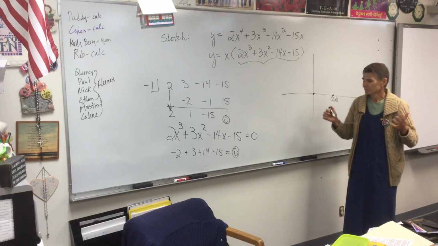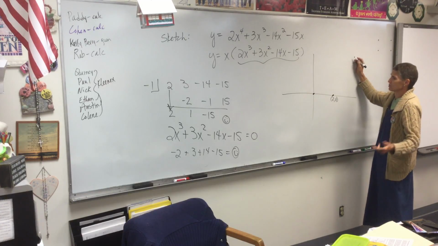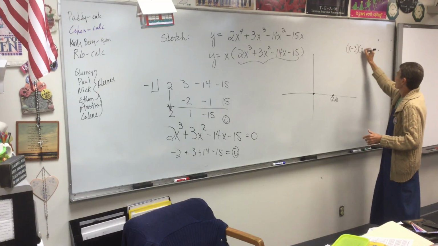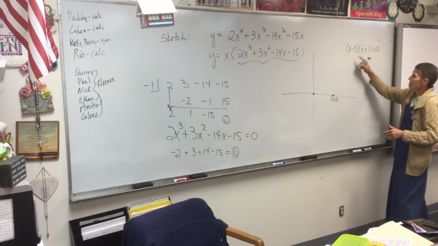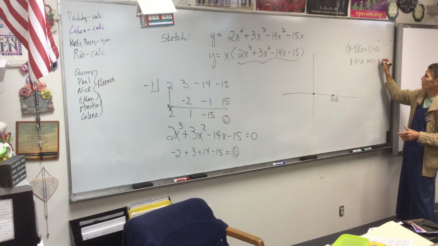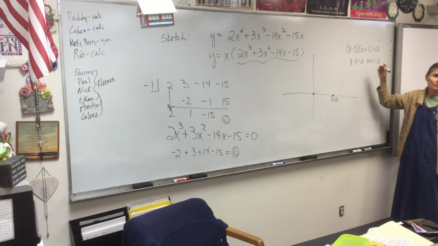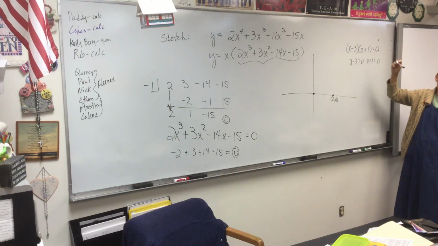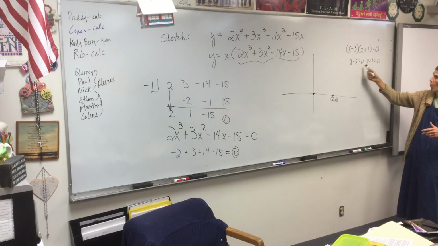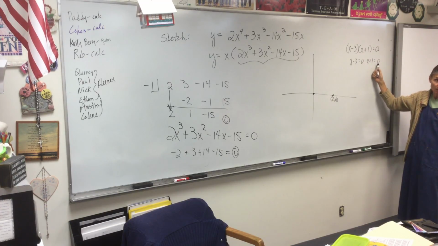If I had a problem like this, that means that x minus 3 equals 0 or x plus 1 equals 0, right? We have something called the zero multiplication property. So when you multiply two things and you get 0, one of them has to be 0, okay?